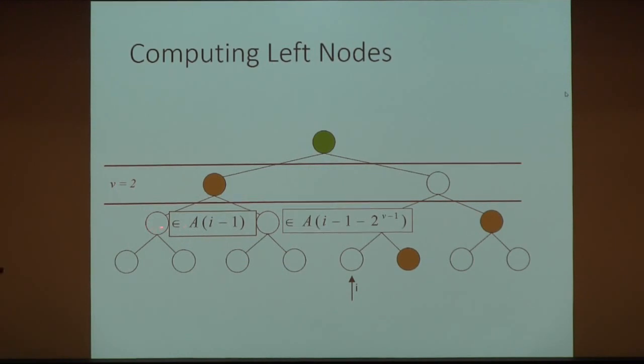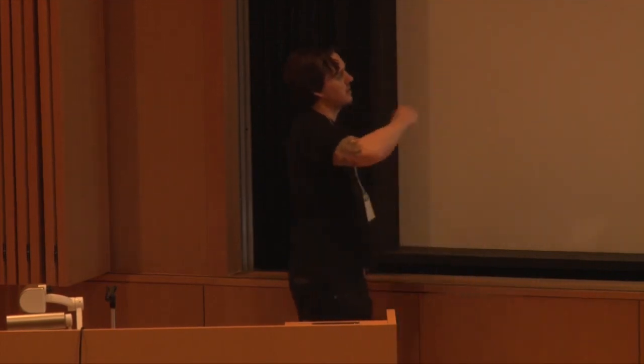And then the left child node of this one is actually still in storage, because that was part of the last authentication path. And then the right child node of this left child node was part of an authentication path 2 to the V minus 1 signatures before.